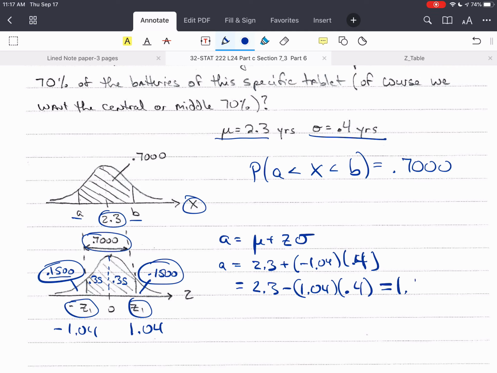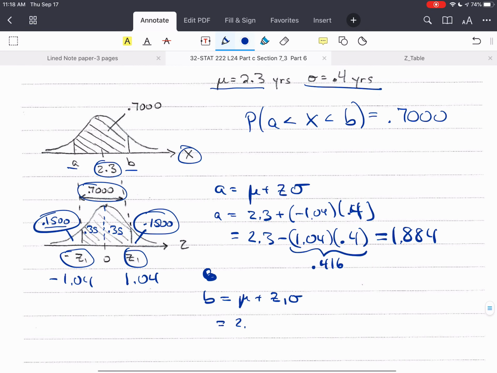That gives 1.884. Now B, and let's look at what this value is. 1.04 times 0.4, this value is 0.416. So now let's look at B, and that's going to be mu plus Z1 sigma.